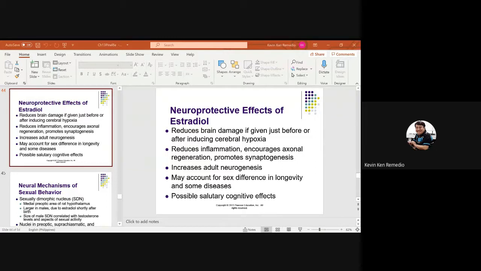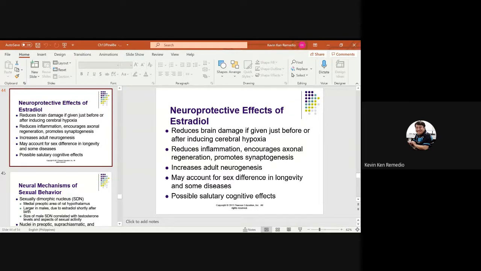Okay, cerebral hypoxia is when there is a lack of air in your brain, right? Sometimes if a person experiences stroke, the oxygen supply to the brain is lacking, so hypoxia occurs. So, females release estradiol to reduce brain damage.